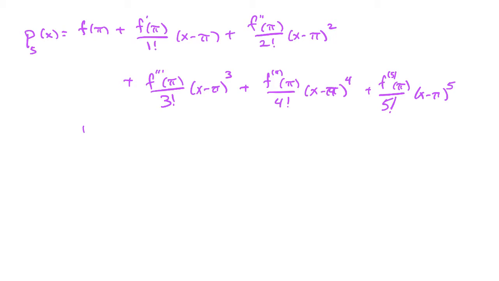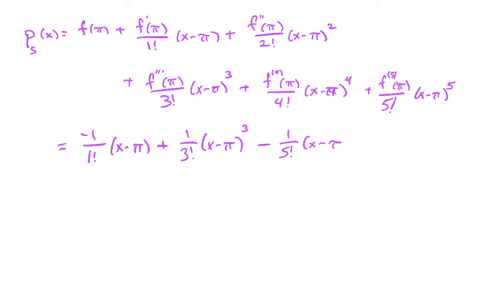If we plug in the values that we just calculated on the last screen, we have minus 1 over 1 factorial times x minus pi, then plus 1 over 3 factorial times x minus pi cubed, and then minus 1 over 5 factorial times x minus pi to the fifth.